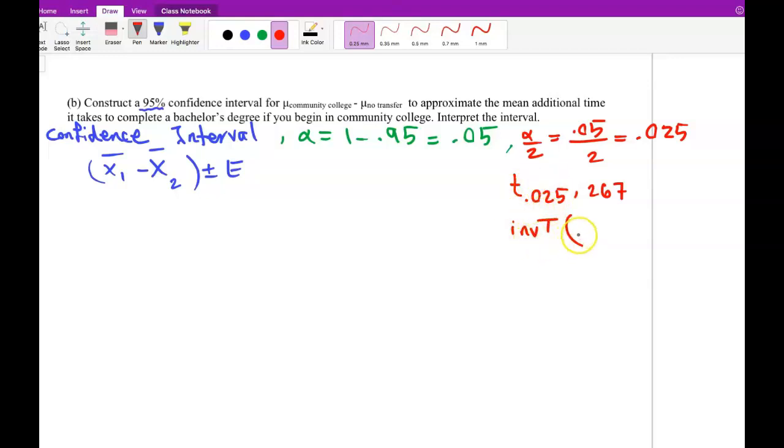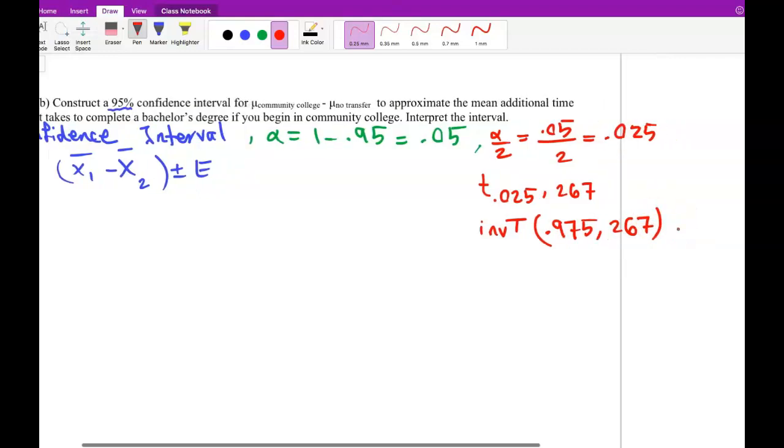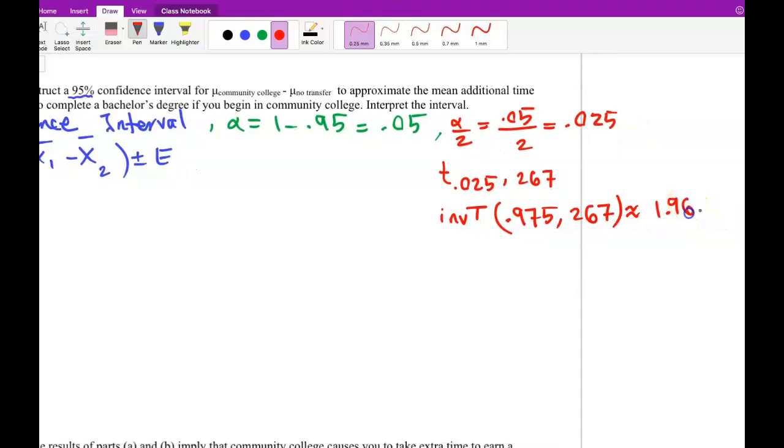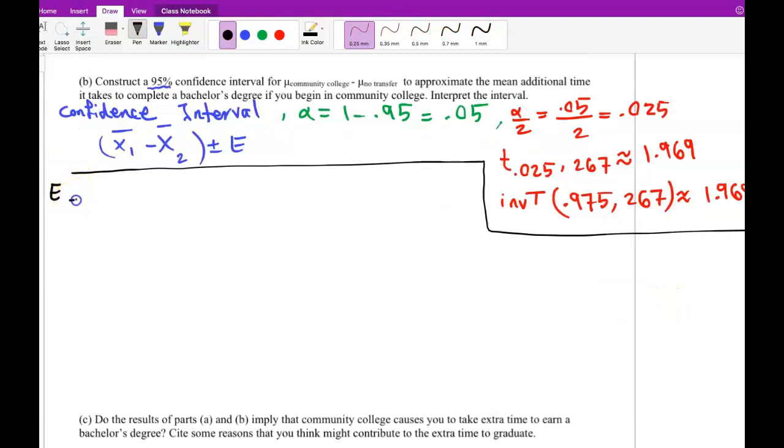When you're entering data into calculator using what you have in left, so 1 minus 0.025 is 0.975, and here degree of freedom 267. Okay, the answer is 1.969.